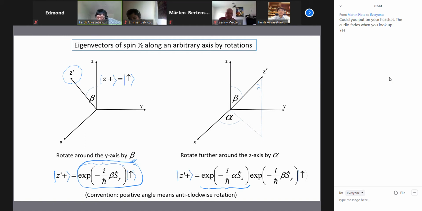So that would be the eigenstate of the spin operator along this n. Usually we define the positive angle to be anti-clockwise. This is a convention. So this is a nice way of constructing the eigenstate of the spin operator along an arbitrary axis.